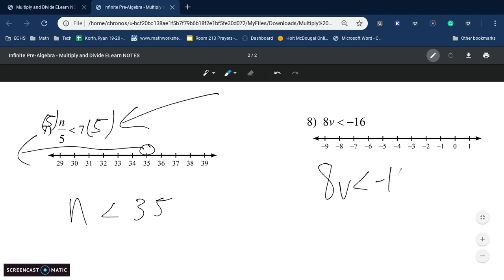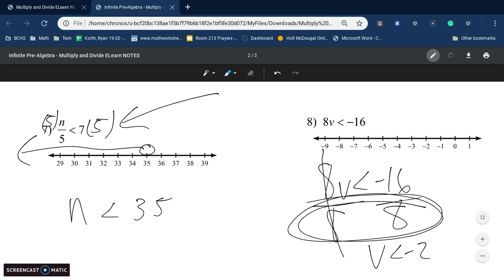8v less than negative 16. Undo 8 times v with division. V is less than negative 2. The number that we divided by was positive. No need to flip the inequality.